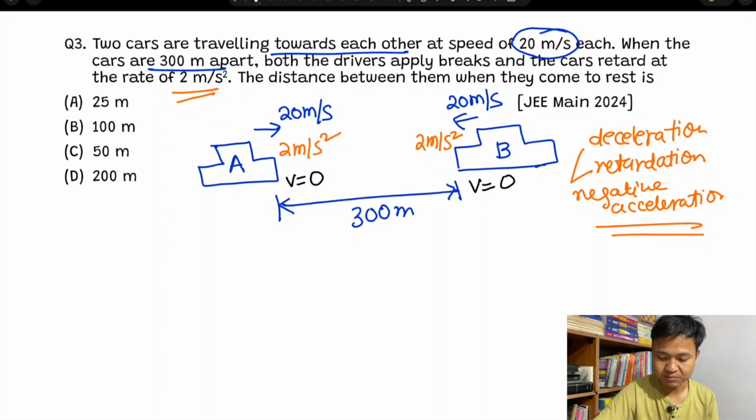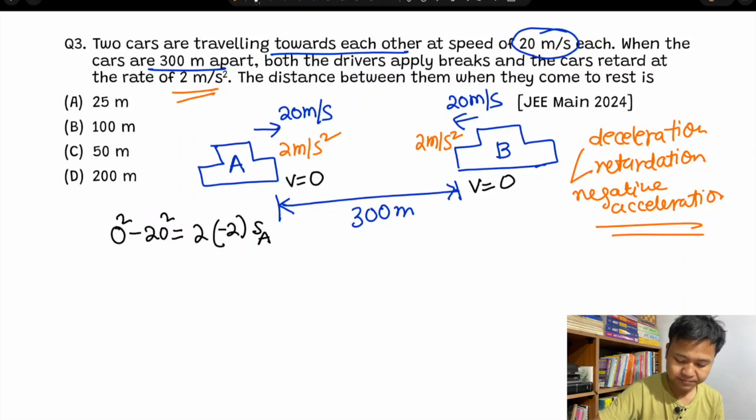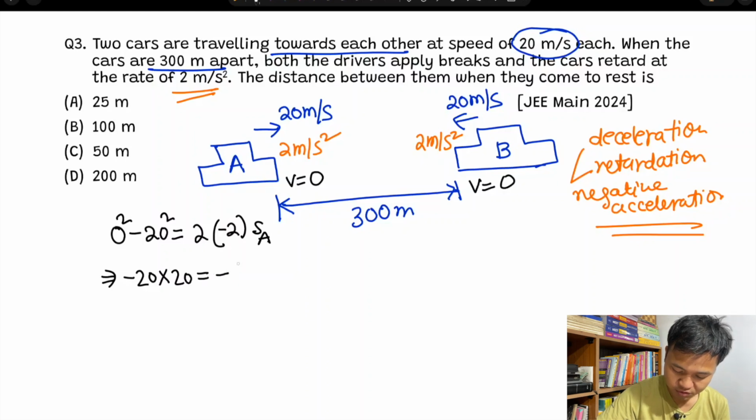Initial velocity is 20 meter per second, and the acceleration is given. So v square minus u square equals twice as. 0 square minus 20 square equals 2 into retardation, that is negative acceleration, into, let's say, SA, the distance covered by A. So minus 20 into 20 equals minus 4 into SA.